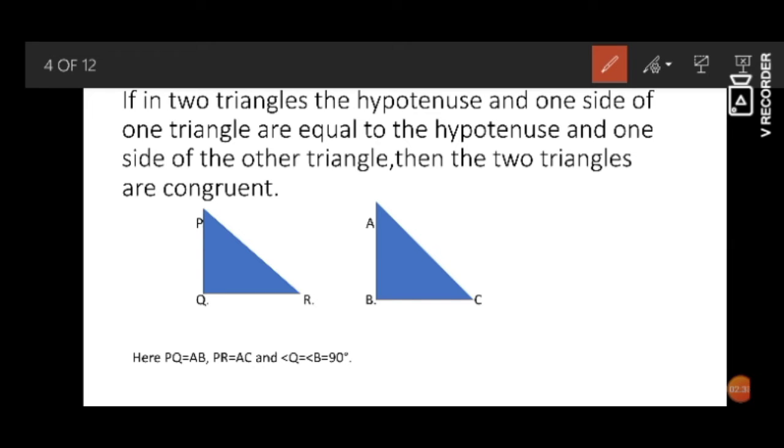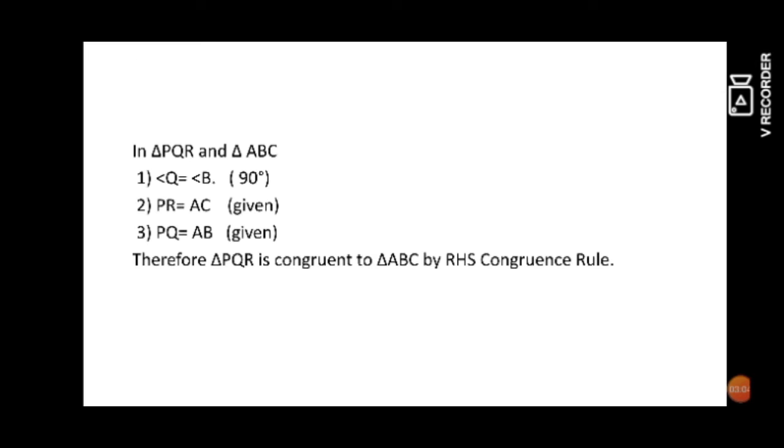So here I have taken PQ and AB as equal, as one side, and PR and AC, the hypotenuse, are equal, and these angles Q and B are equal and they are at 90. So we are going to write the statements like this.